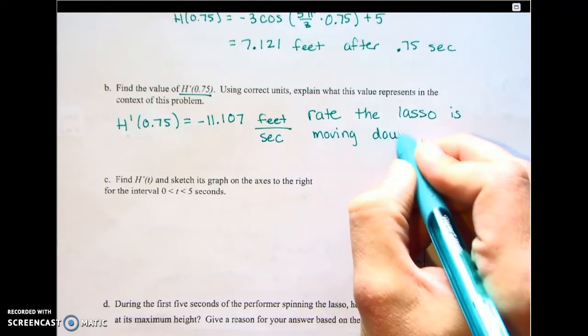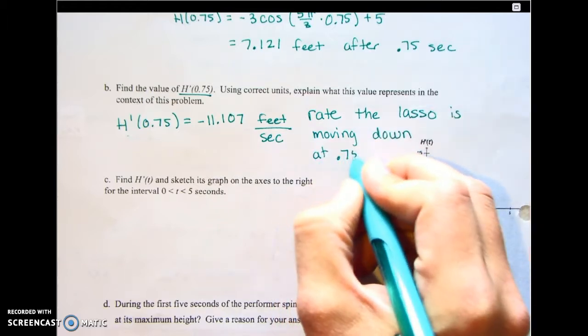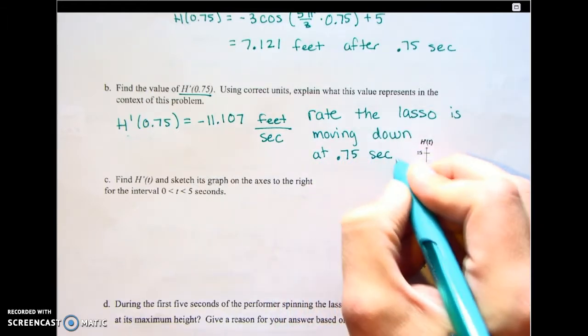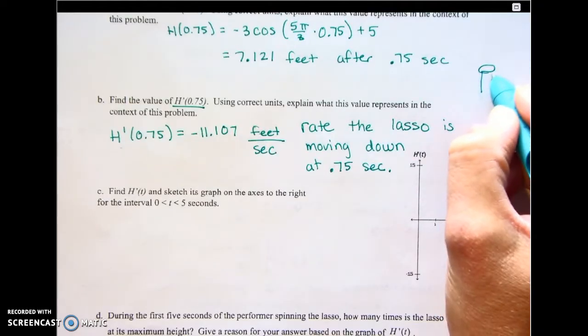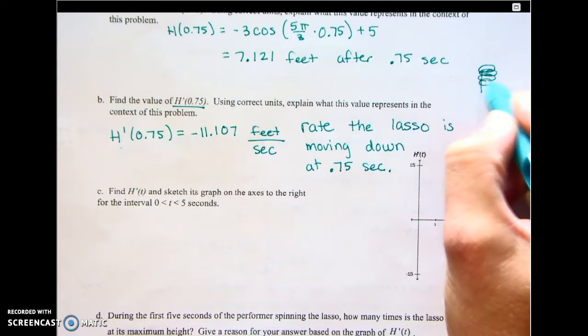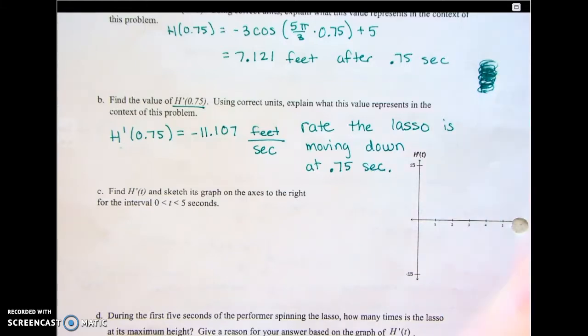It's moving down because it's a negative at 0.75 seconds. Okay, so what this means is that a cowboy has a lasso and he's swinging it and it's moving down, and then after it moves down it goes back up like that. So the lasso is moving up and down like that.